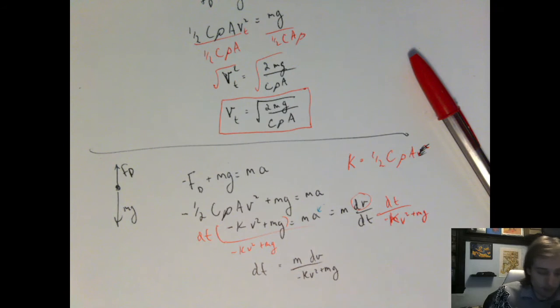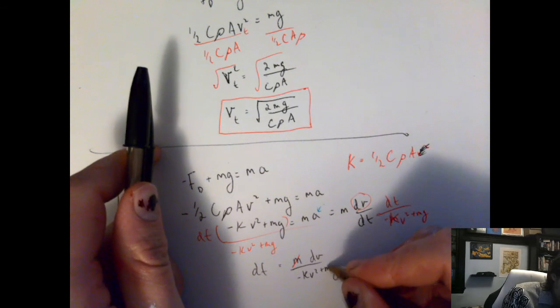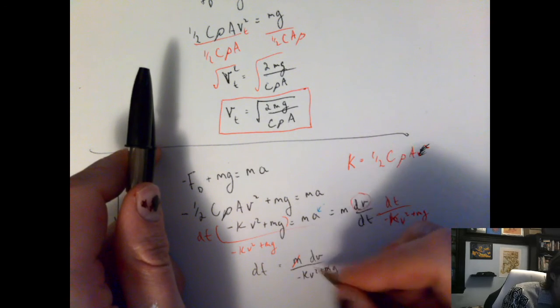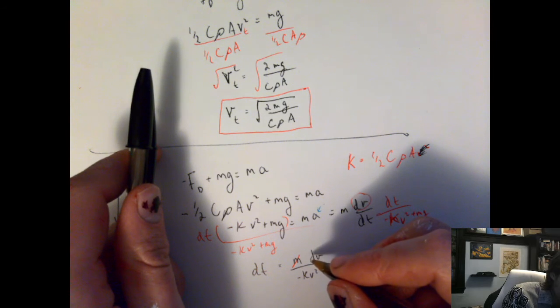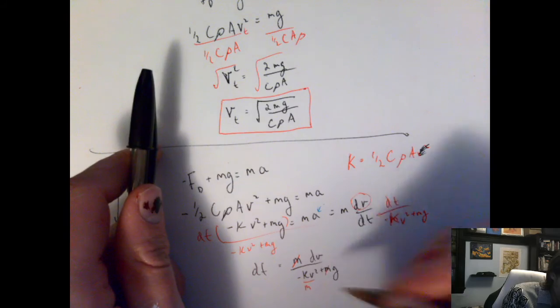And just for the sake of not having to write m a bunch of times, I'm going to go ahead and distribute this down to the bottom by multiplying the bottom through by 1 over m.